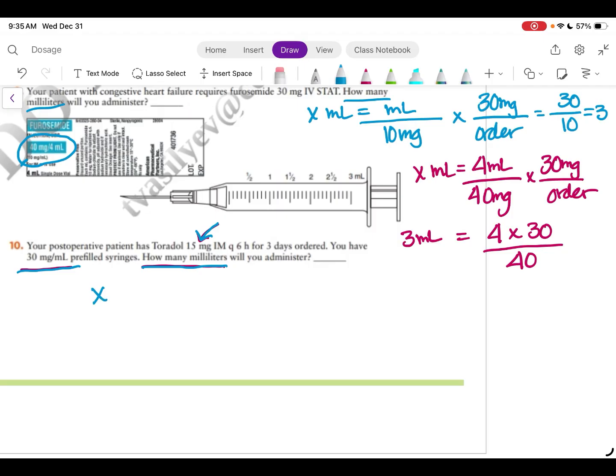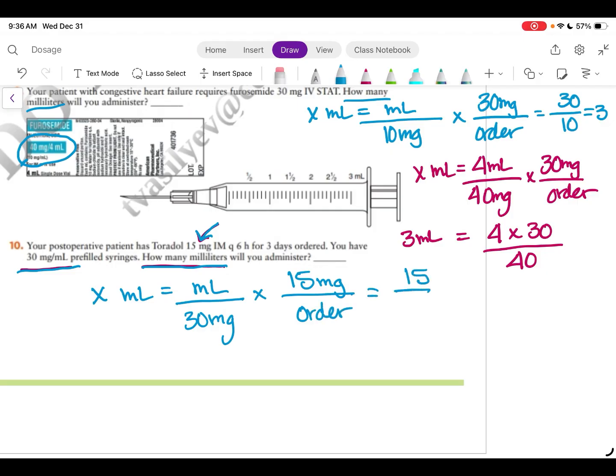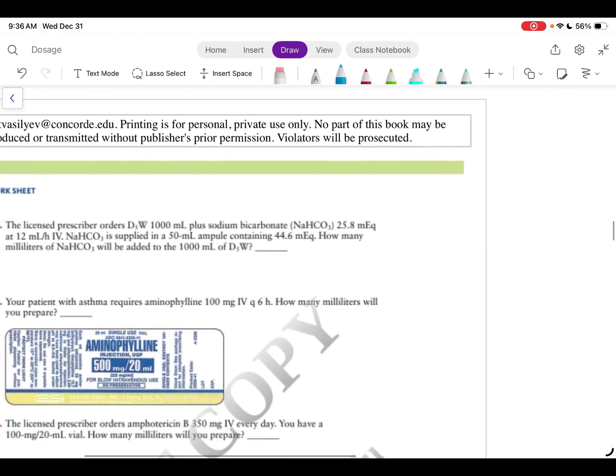So, X mL, 1 milliliter over 30 milligrams, and your order is 15. 15 divided by 30 will give you 0.5. Yep. All right.